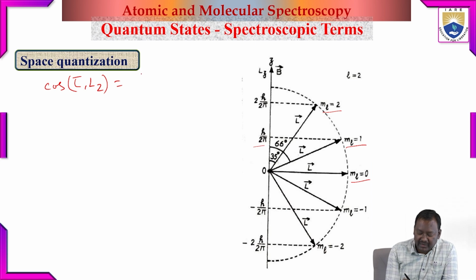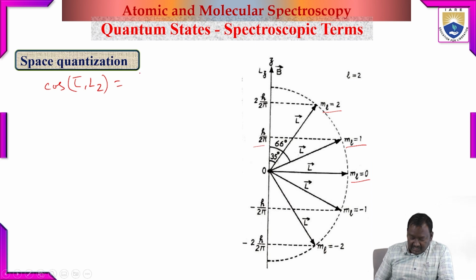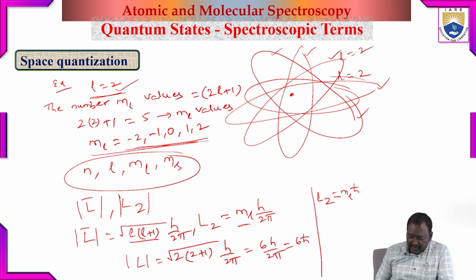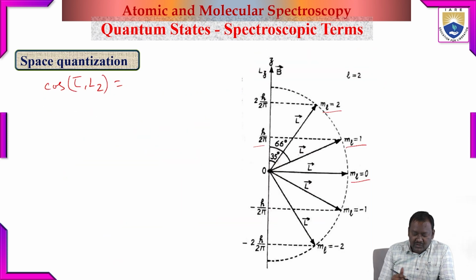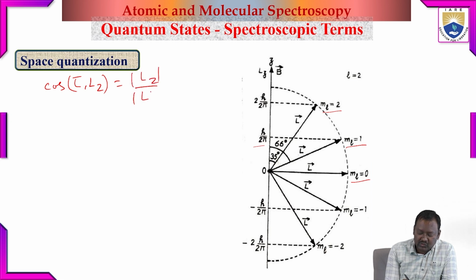From the earlier derivation, cos theta is given by Lz by L, where these two should be magnitudes, that means the length of Lz and the length of the vector L bar.